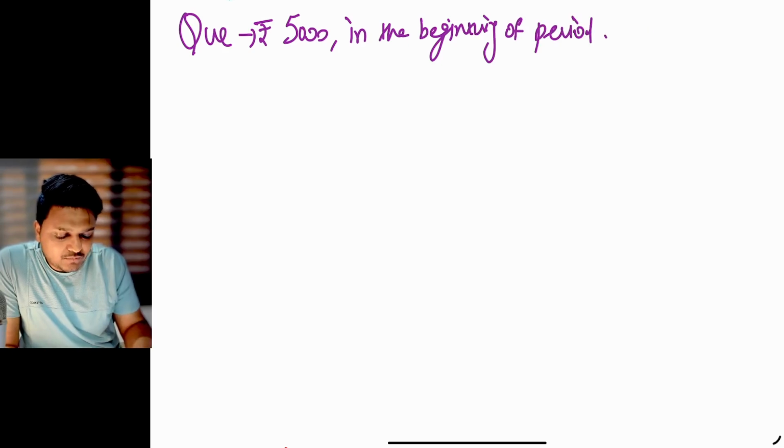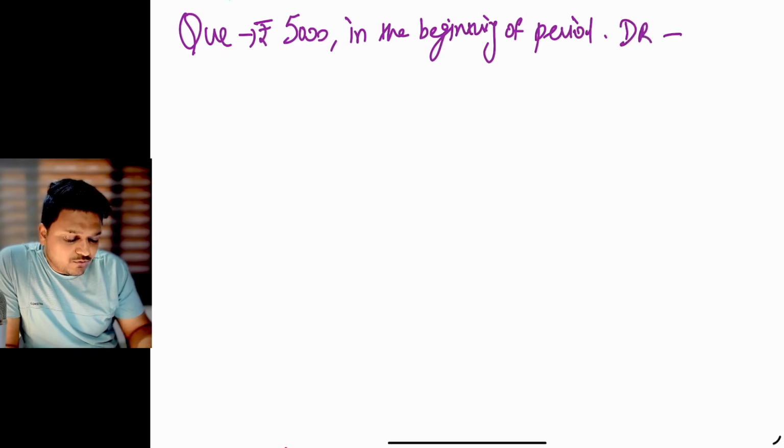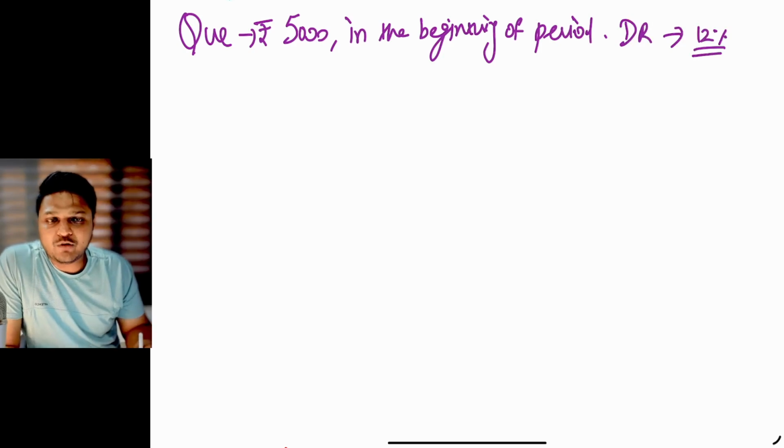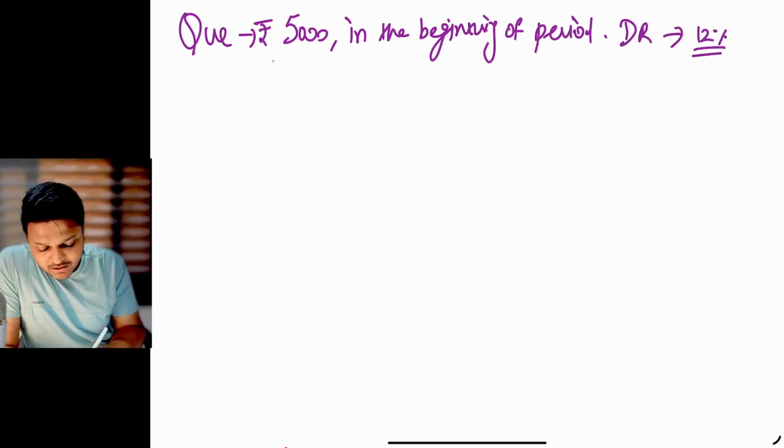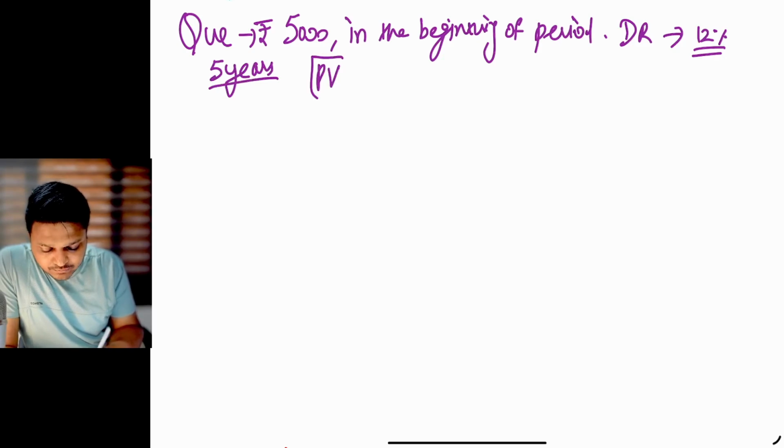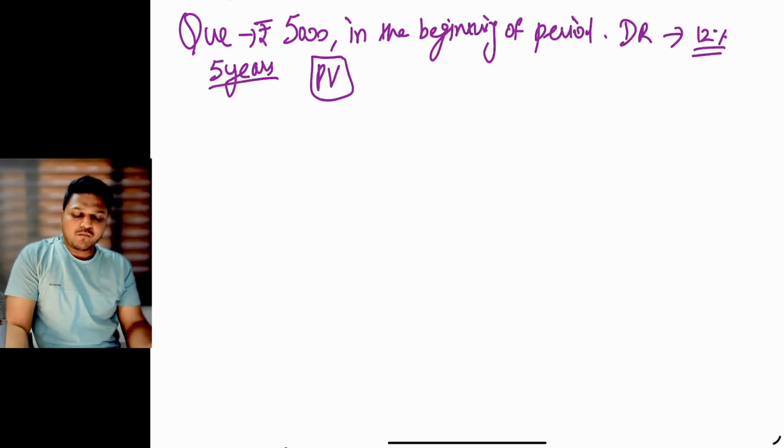And the discount rate is given to be 12%, and you are receiving the money for 5 years. And we are interested in the present value. We have to calculate the present value.